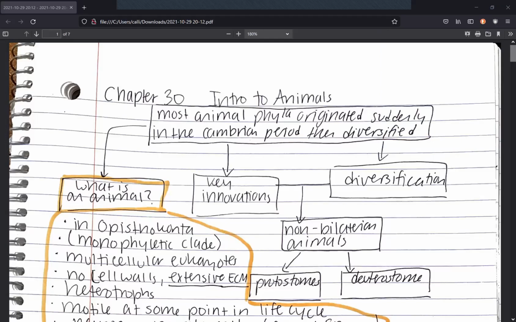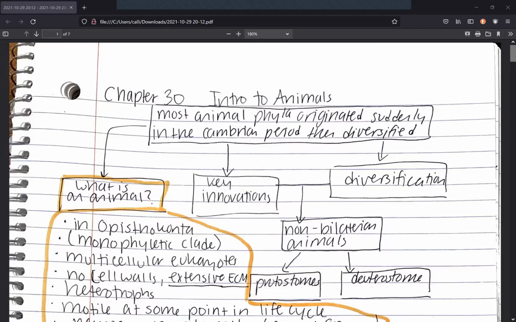Hello, everyone. This is going to be a review for Chapter 30, Introduction to Animals. And starting off with a roadmap, essentially what you need to know is that there was a Cambrian explosion where you see a lot of animal phyla begin to emerge.